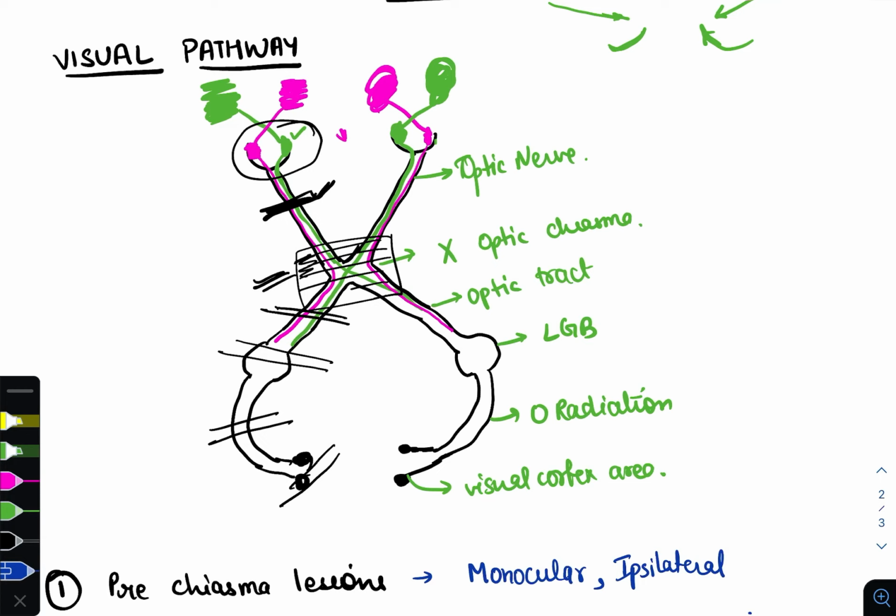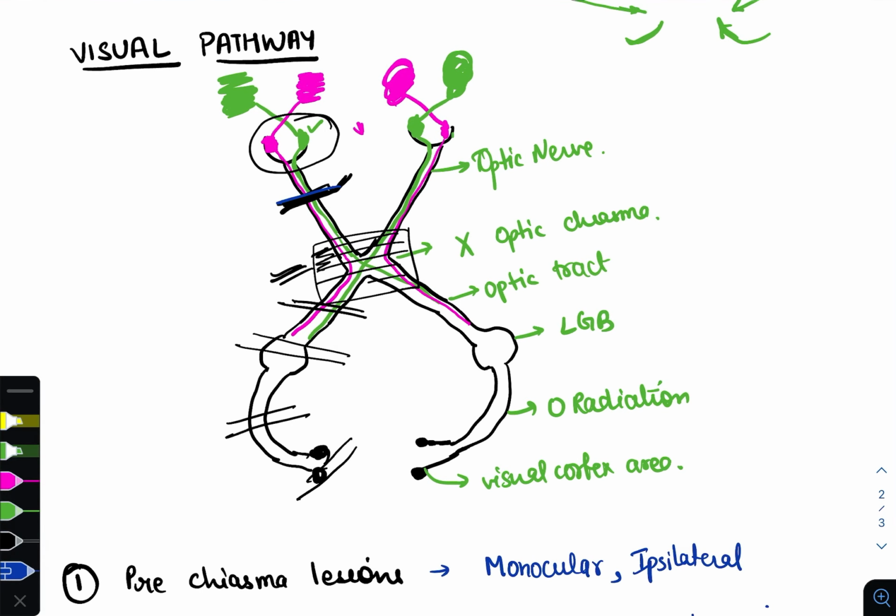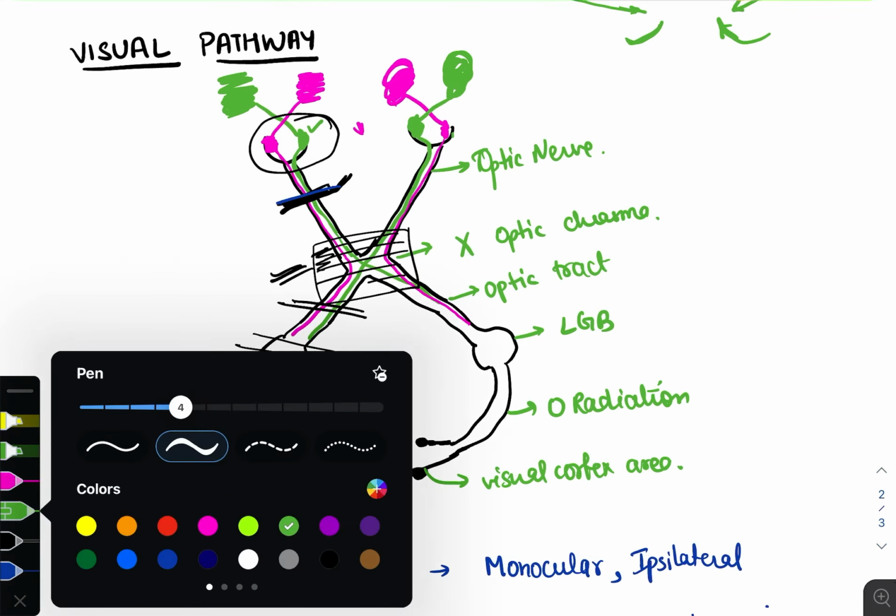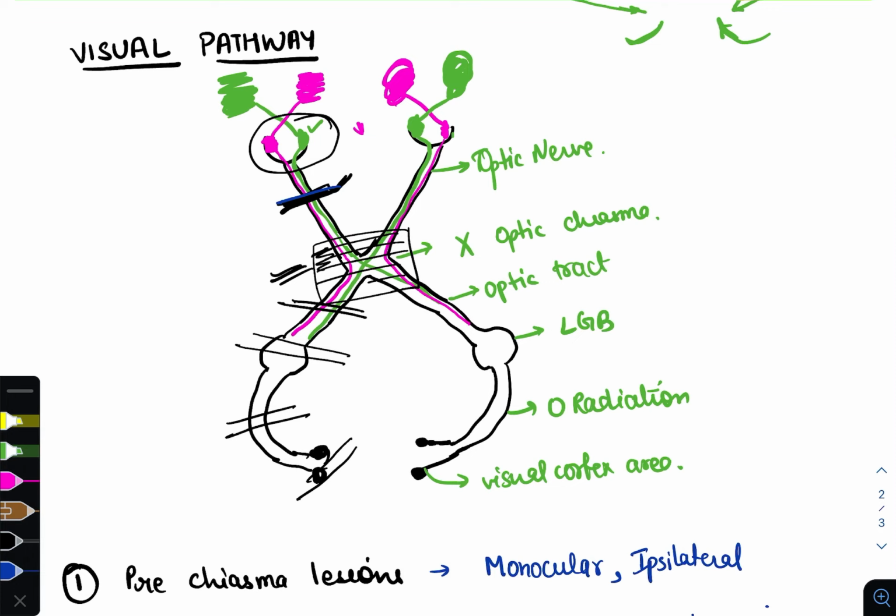First we will take the defect in the optic nerve. Suppose the defect is here, then we can't see this field of view and we can't see this field of view. It means in that one eye we can't see with the whole eye if the defect is in the optic nerve.